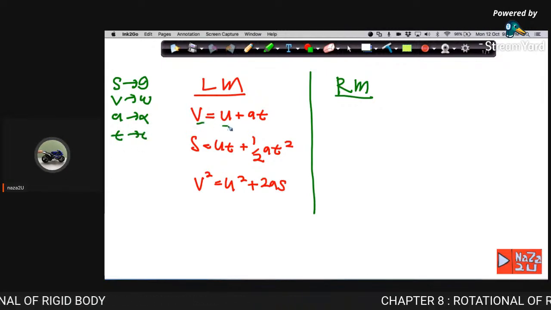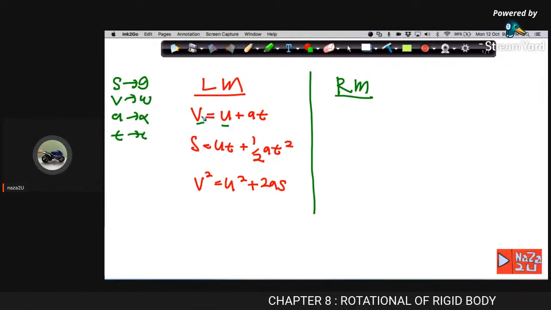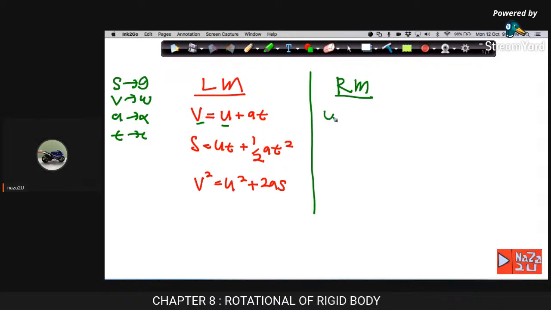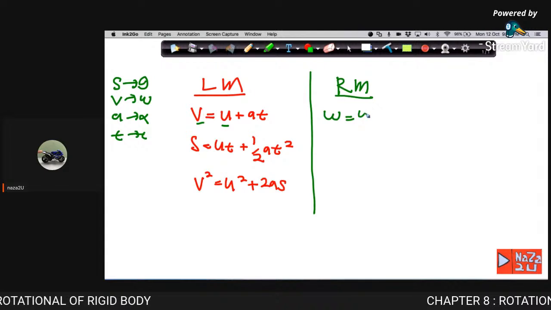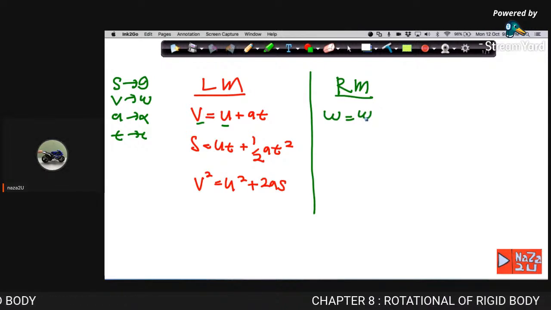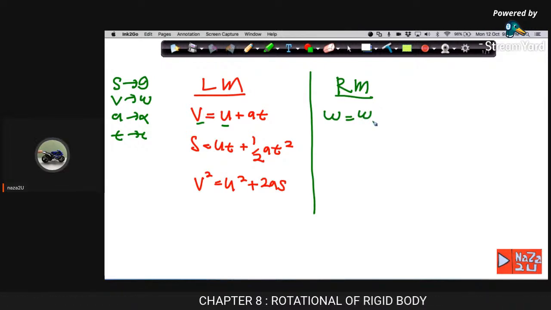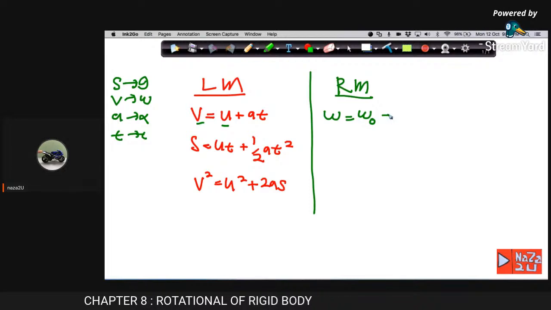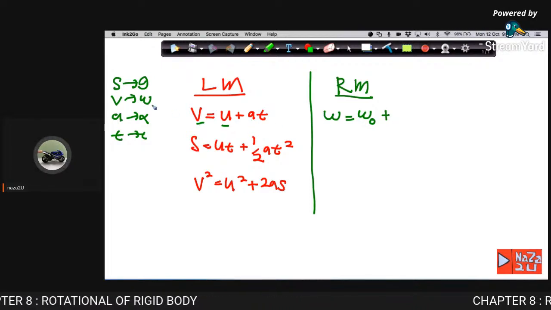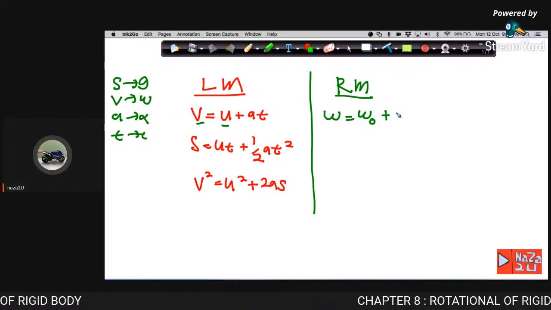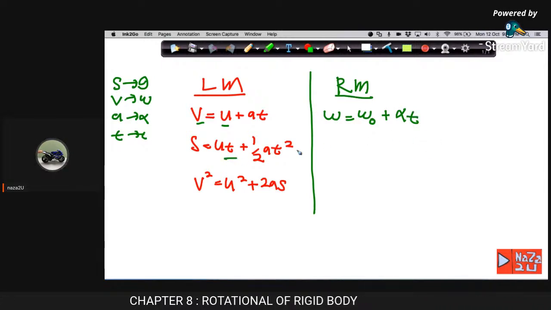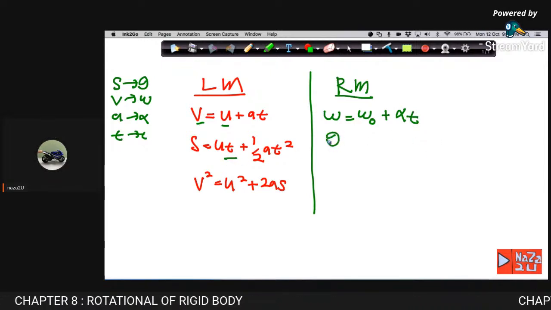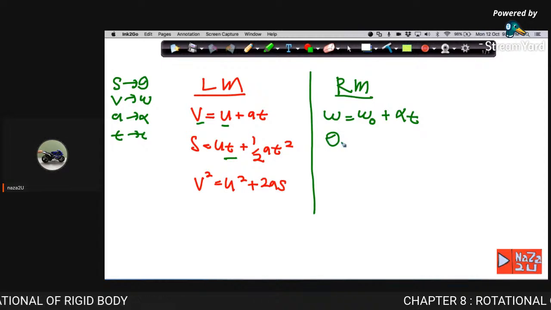So here we have V is a final velocity. So we have omega is equal to omega naught, the initial angular velocity, plus alpha T. A change to alpha and T sama, tak berubah. Sama juga yang ini. S is a theta, displacement.